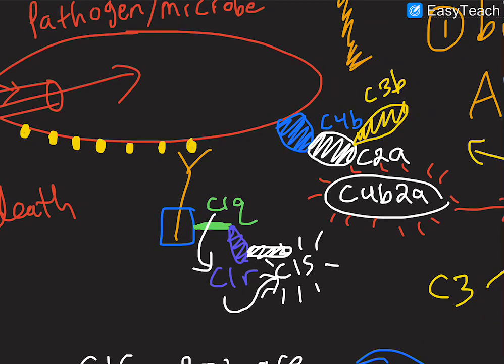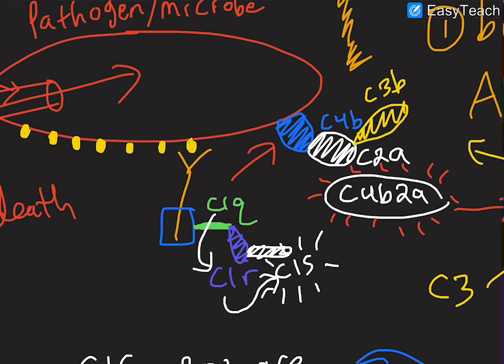C4b binds onto the cell surface of the pathogen. C4a helps mildly induce inflammation. Then C1s also cleaves C2 into C2a and C2b. C2a binds onto C4b, which forms the C3 convertase, C4b2a.